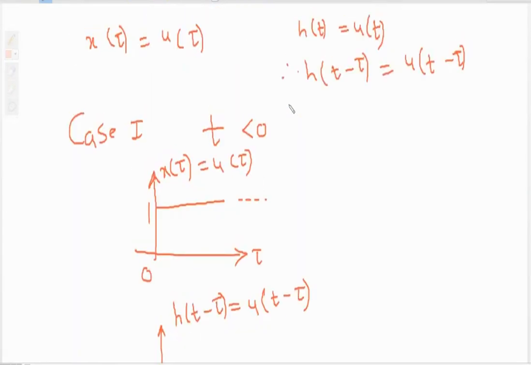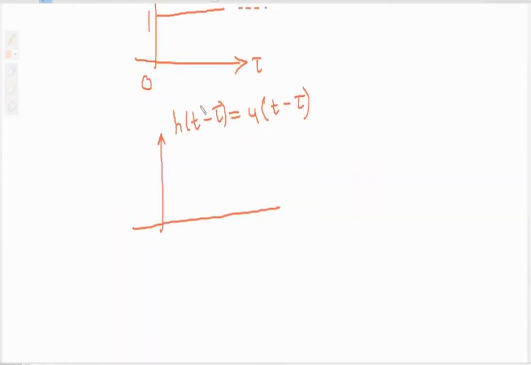My case is t less than 0, that means t is negative. Whenever t is negative, this thing is negative. I am sketching the signal with respect to tau, so my signal will start from the negative side and go towards the left side. Why is it going towards the left side? That also you should know. The reason is minus tau, folding.